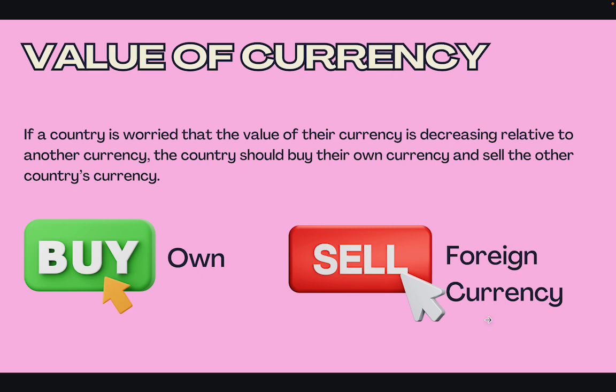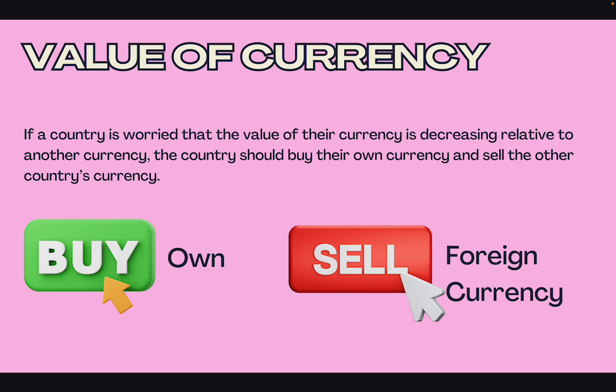Now let's look at the value of currency relating one country to another. Okay. So if a country is worried that the value of their currency is decreasing relative to another currency, the value of the dollar is decreasing versus the Chinese yen, the country that is worried should buy their own currency and sell the other country's currency.